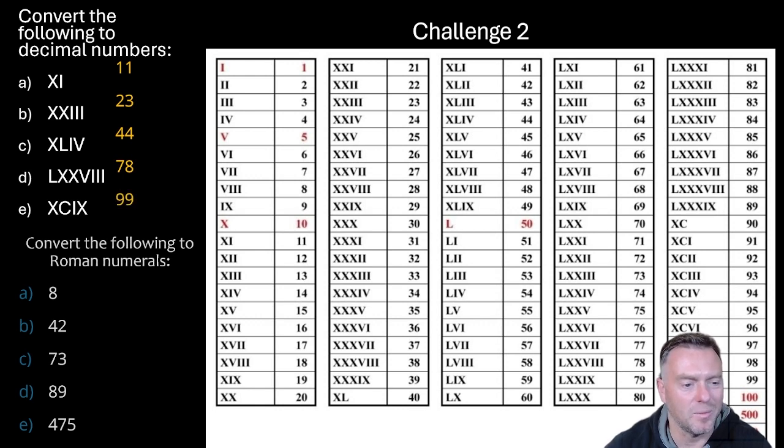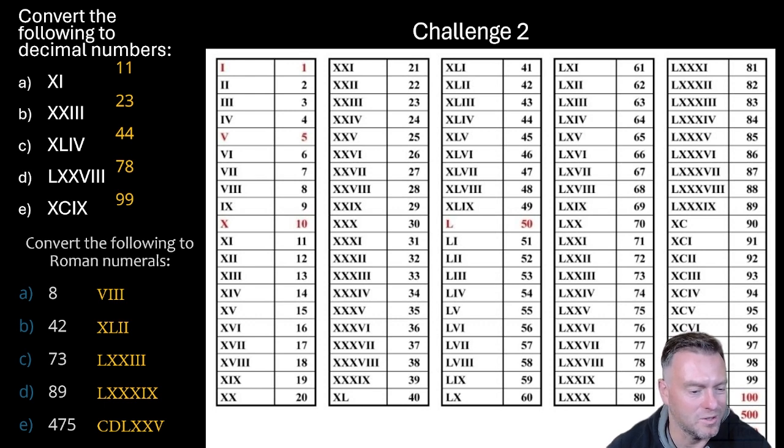And then going the other way and converting to Roman numerals, 8 is the same as VIII, 42 is the same as XLII, 73 is the same as LXXIII, 89 is the same as LXXXIX, and then 475, a little bit harder, is CD, so it's 100 before 500, which is 400, and then LXXV.